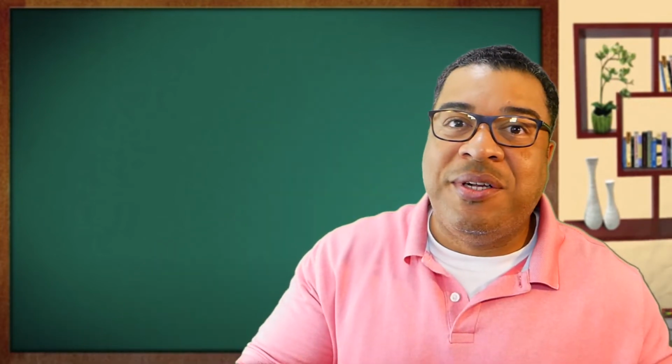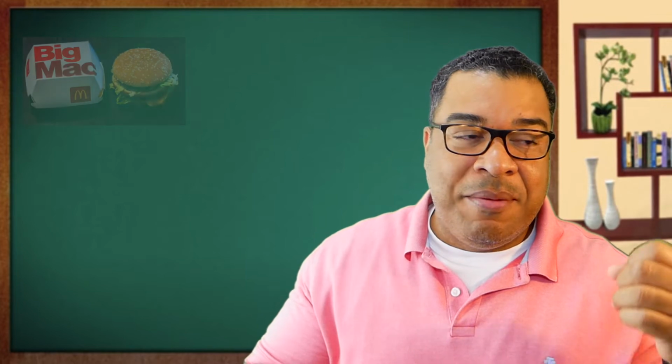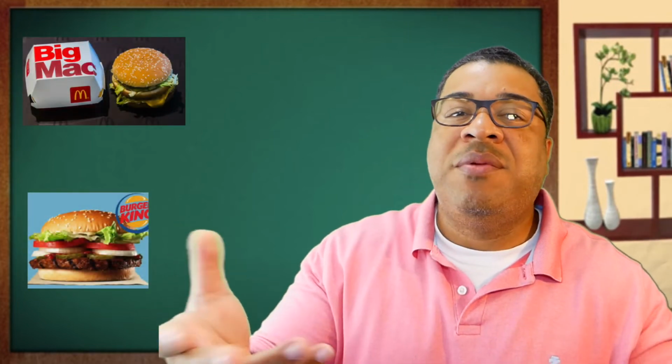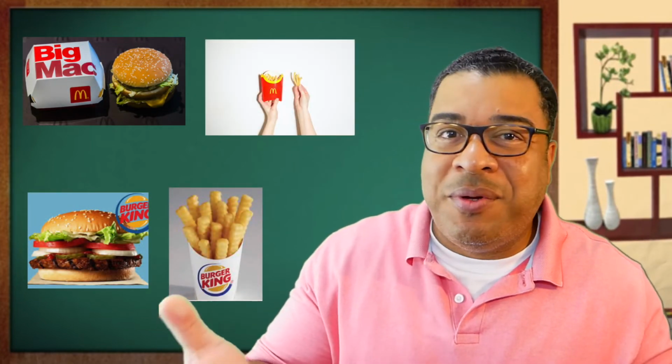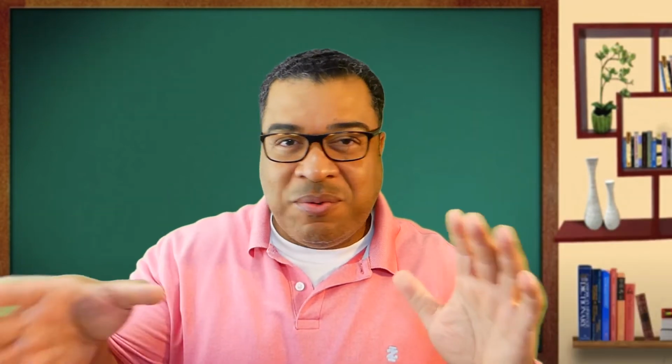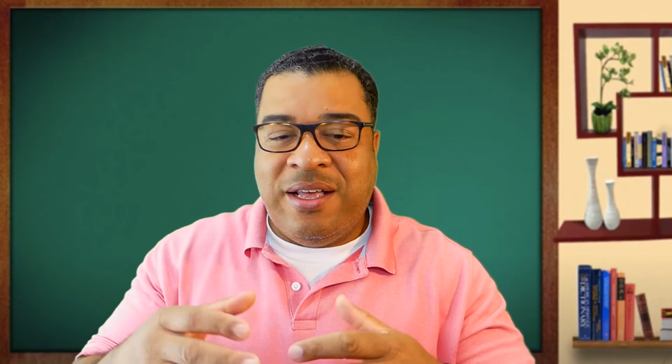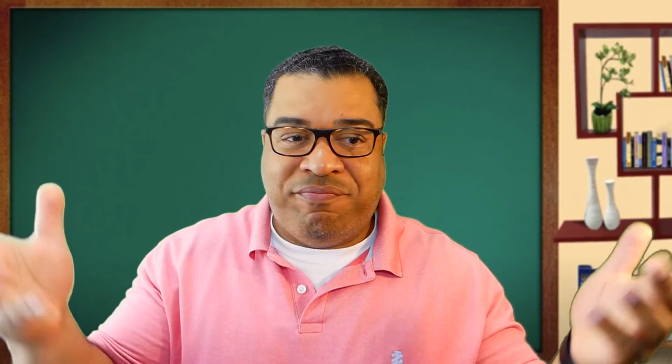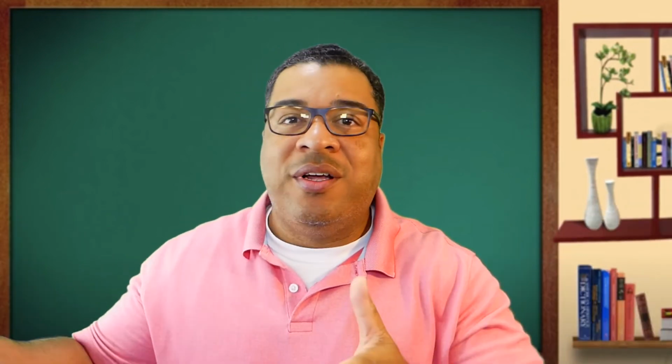So when you're looking at these transitional words, I can say things like McDonald's and Burger King have similar French fries. They taste almost the same. I'm comparing two things that are very similar. And for that last one, neither nor, I can say McDonald's does not serve rice, nor does Burger King.